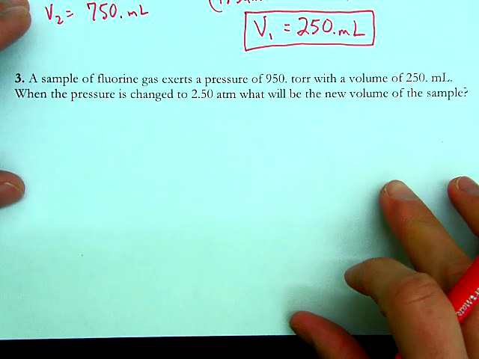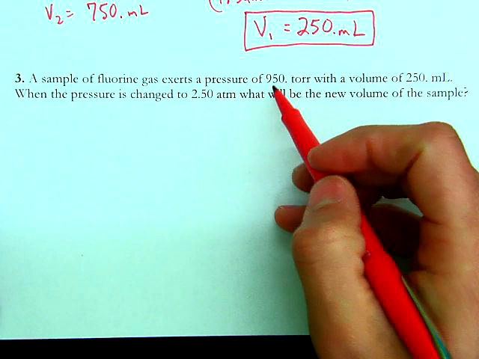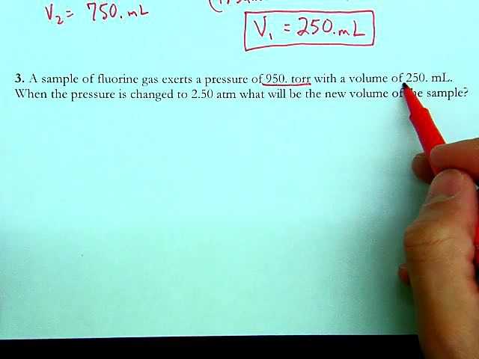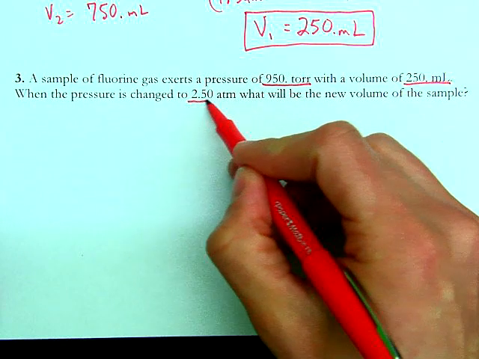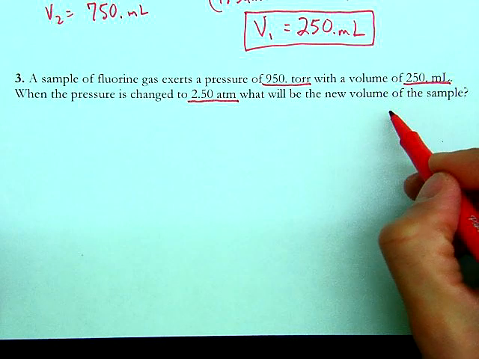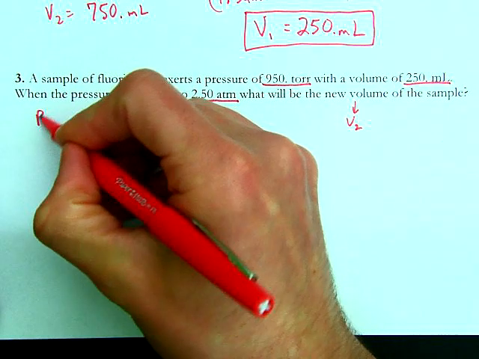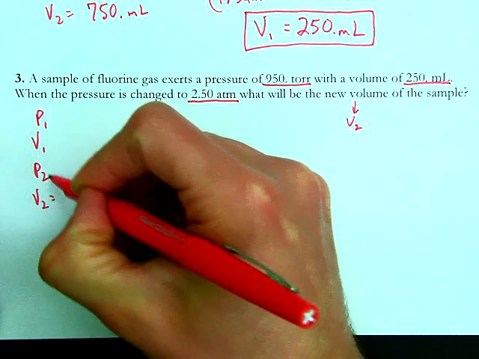Final question. It says, a sample of fluorine gas exerts a pressure of 950 torr. So torr is a unit of pressure, with a volume of 250 milliliters. When the pressure changed to 2.5 atmospheres, what will be the new volume? So new volume is what they're asking for. That means they're solving for V2. So P1, V1, P2, V2.